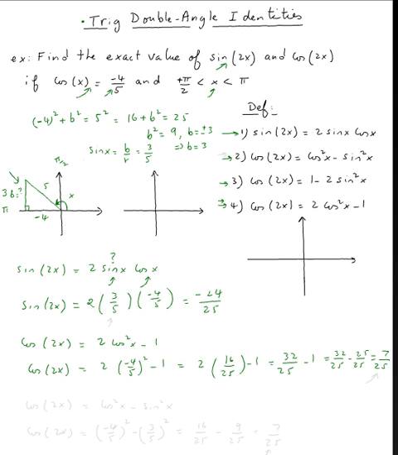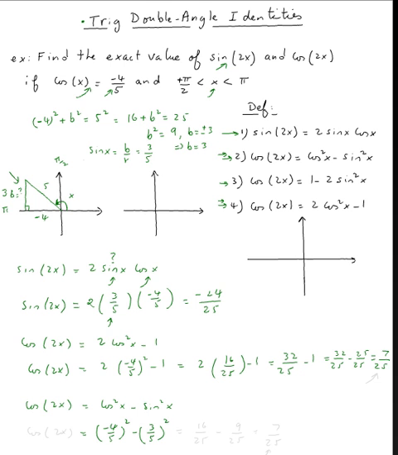Let's use number 2, for example. If we use it, we're supposed to get the same number. Cosine of 2x is equal to cosine squared minus sine squared. Now we know the cosine is negative 4 over 5, but we need to square that. And we know the sine, we just found the sine to be 3 over 5.